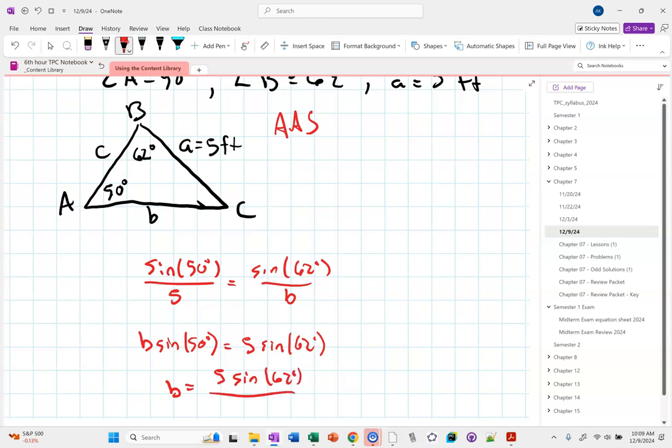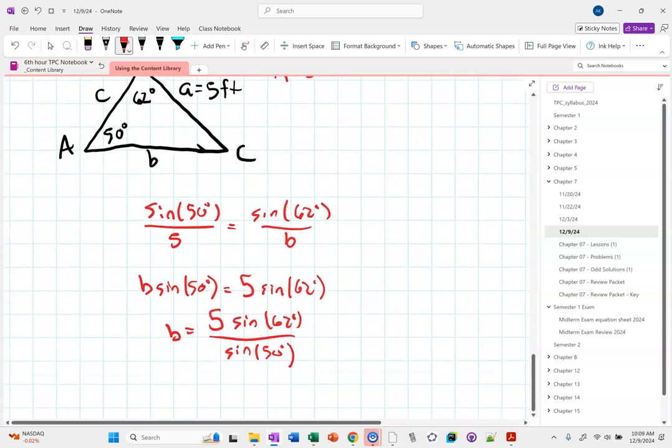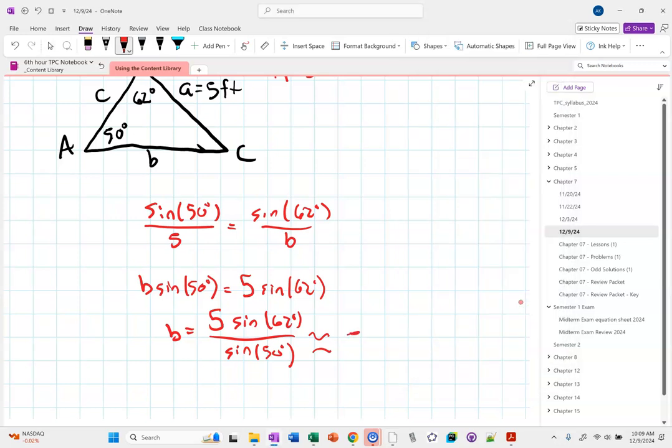I need to stop using 5s in these problems where I have sines, huh? Everybody feel okay so far? That's about 5.76.